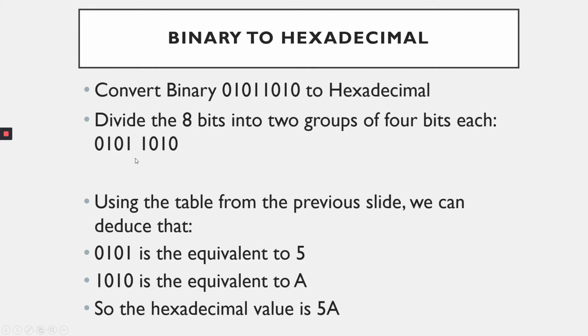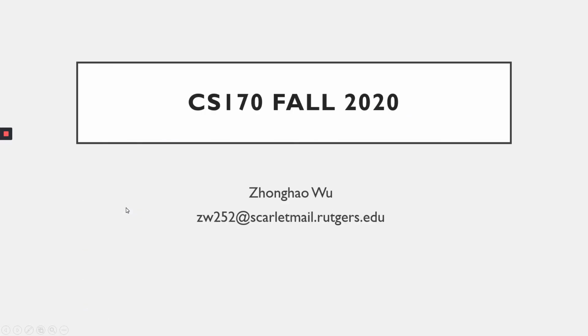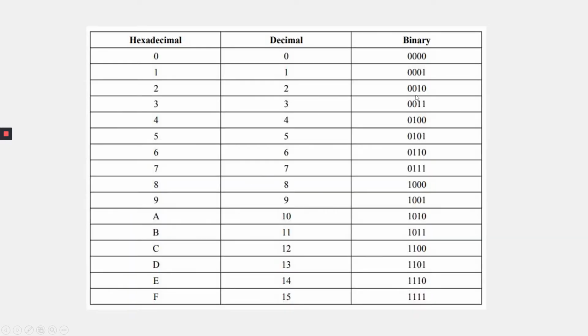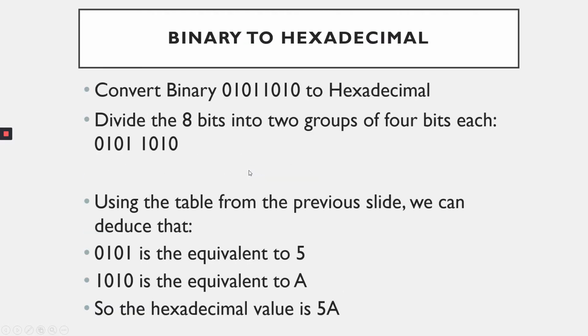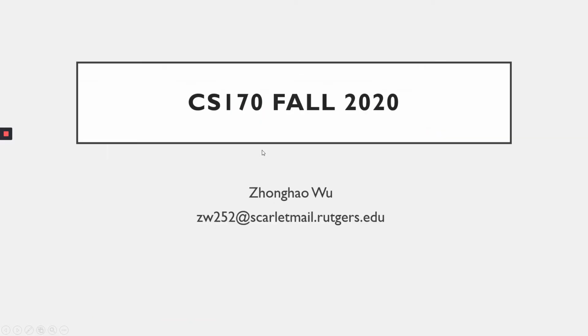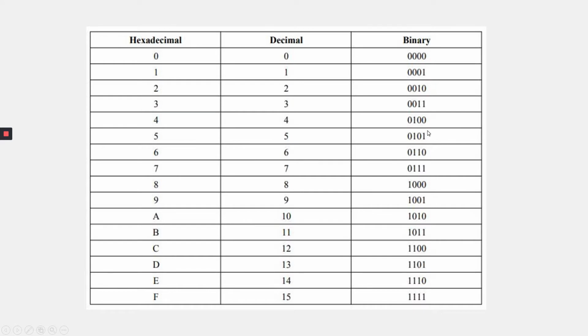Okay, so let's find this 0101 in the table. 0101 is 5, right? In the decimal format, it's going to be 5. Just look into this line. And the 1010 is going to be 10, right?